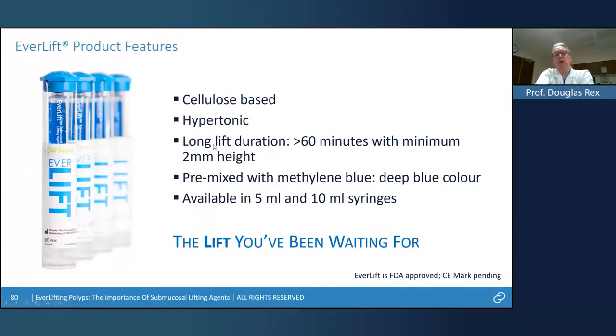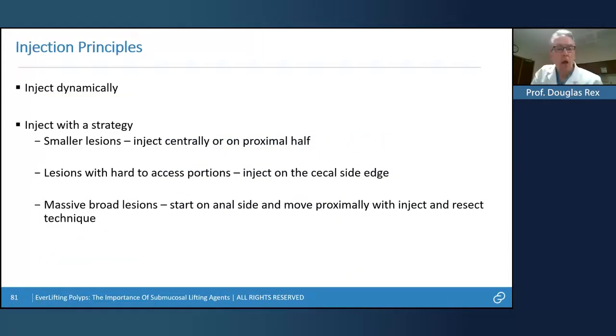In general, I think we can expect that these commercial agents are going to create a mound that is larger and firmer, with less of a tendency to spread out than saline. One of the features that I like about it the most is that it's pre-mixed with methylene blue, and it has a pretty deep blue color. I prefer to have a darker blue staining of the submucosa, and it's available in both 5 and 10 ml syringes.